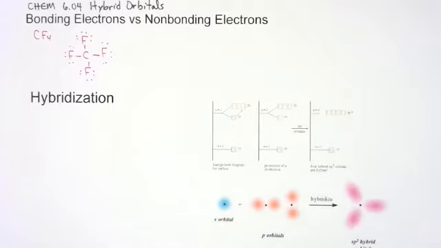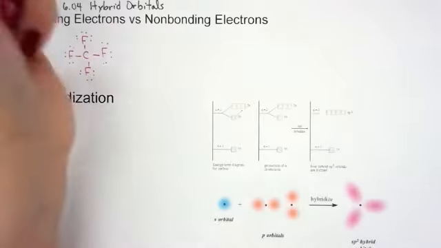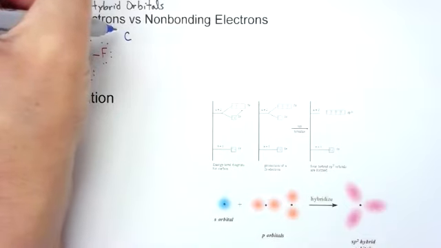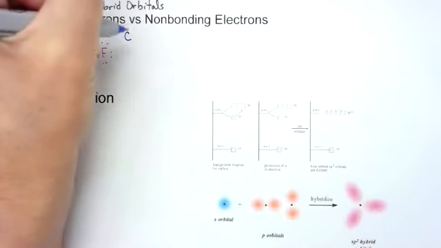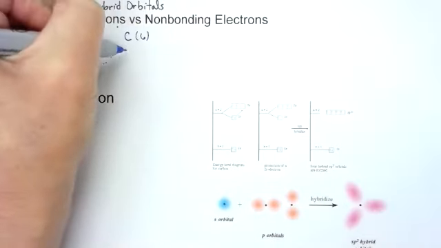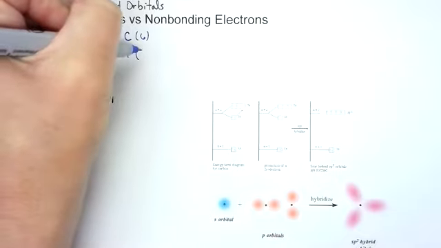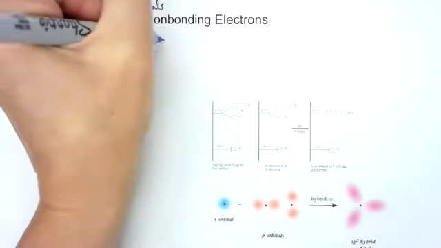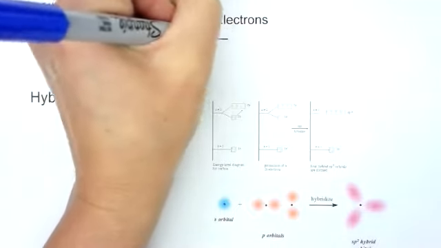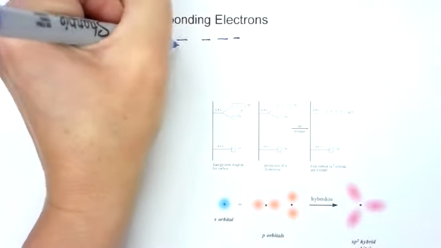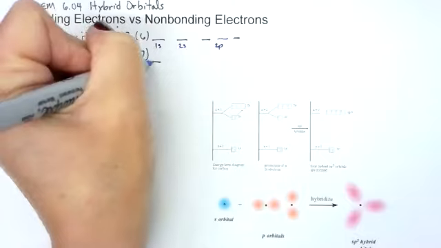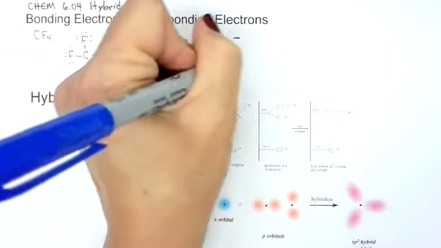Well, if I want to do my orbital diagram notations, carbon has 6 electrons. I want to be careful. And fluoride has 7. So we're going to go with 1s, 2s, 2p. And fluoride's going to be 1s, 2s, 2p.